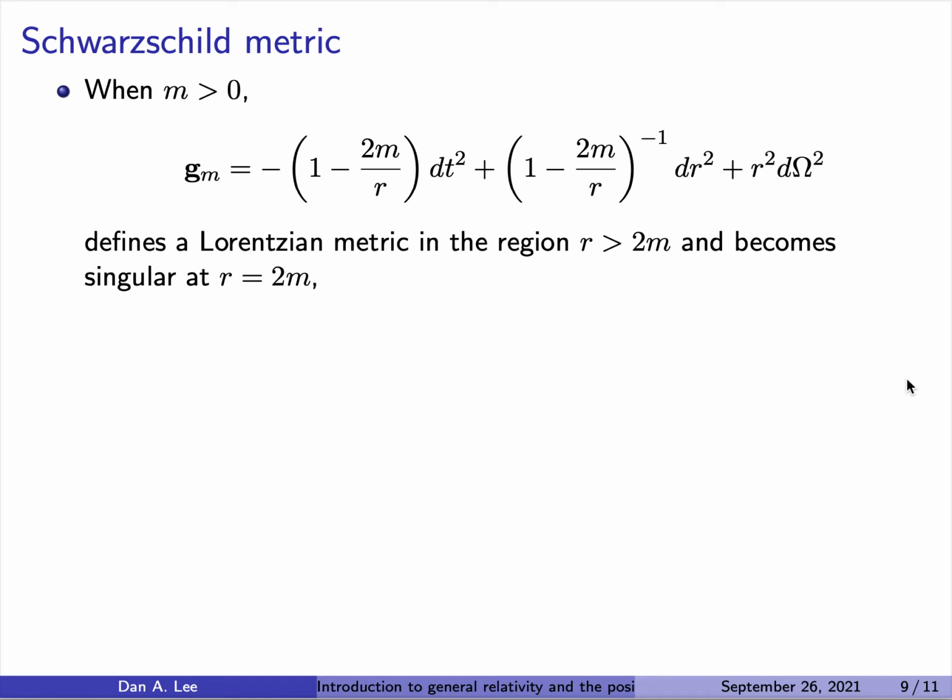Okay, so I just rewrote the formula here. We're used to thinking of only objects with positive mass, so let's just think about the m greater than 0 situation here. When m is greater than 0, you can see that this defines a Lorentzian metric in the region r greater than 2m, and it becomes singular at r equals 2m, in the sense that when r equals 2m, the coefficients on dt squared and dr squared both become 0.